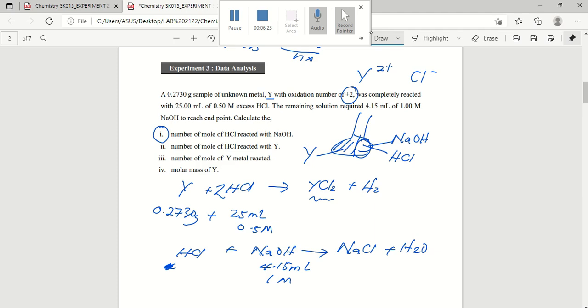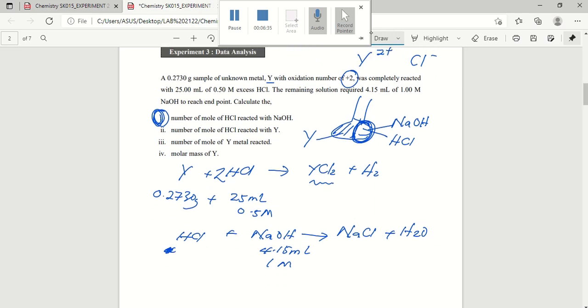The first question here, we want to calculate the number of mole of HCl, only what's left after reaction with Y. So here this hydrochloric acid reacts with NaOH, we have this reaction. This is neutralization, so we can calculate using the neutralization equation formula.